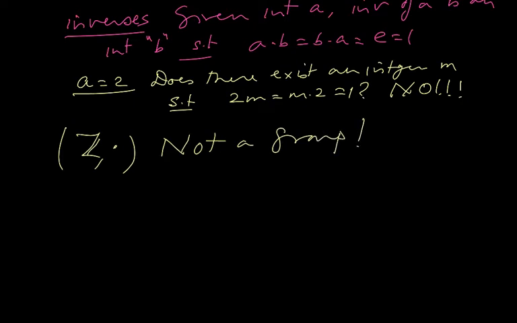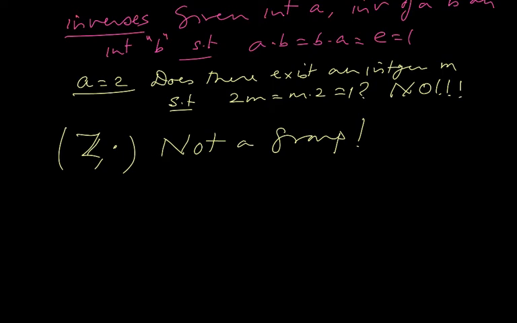Now, a little remark is in order regarding the line above. You might ask yourself, given A equals 2, for instance, there is certainly no integer M such that 2 times M equals M times 2 equals 1.